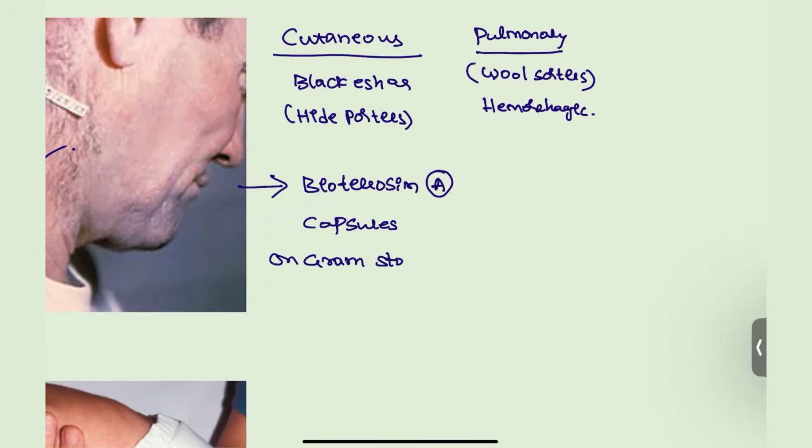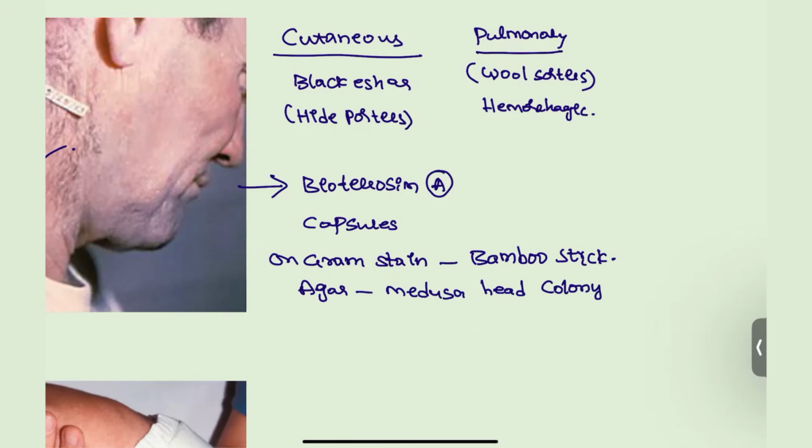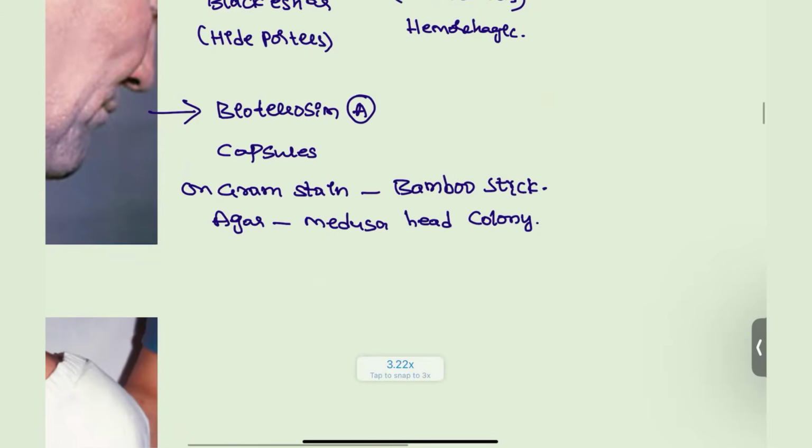On the gram stain, you are going to see this as a bamboo stick appearance, and on the agar plate you are going to see this as a medusa head colony, medusa head colony, right? And these all are very important points.